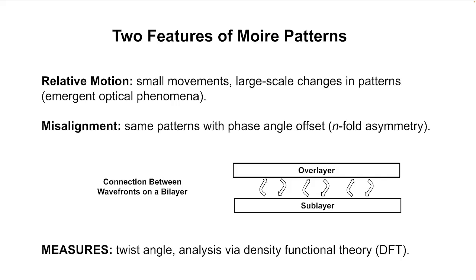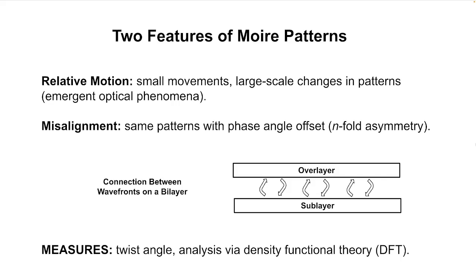So that you can have the same pattern of concentric circles with this phase angle offset. In the case I just showed you, it's a two-dimensional surface. They're both kind of on the same plane, so they're offset by a distance. So you have this n-fold asymmetry, and this will become important in some of the examples we'll see later.